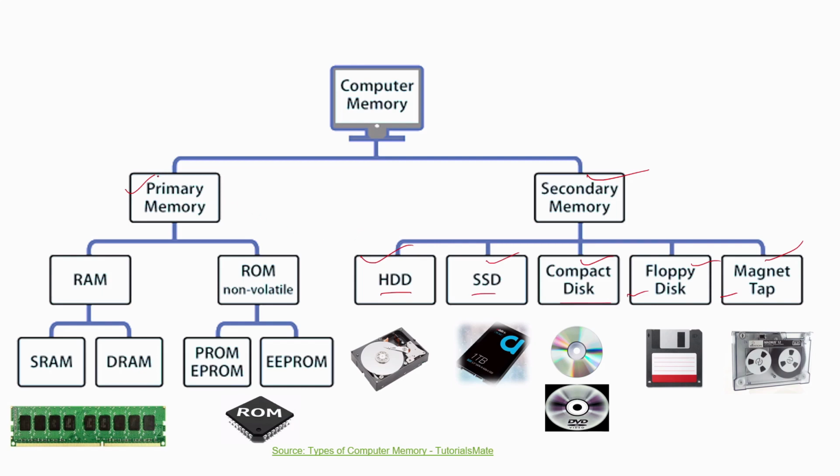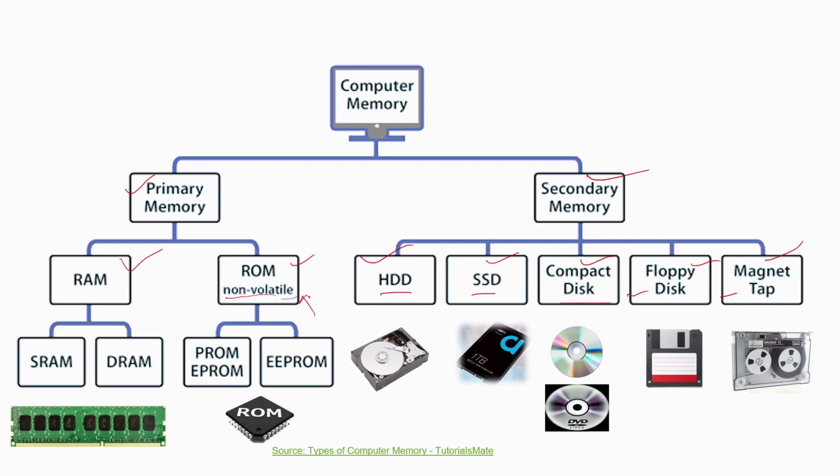On this side we have the primary memory, which is further classified. We have RAM, that is random access memory, and we have ROM, that is read only memory. ROM is also called non-volatile memory.